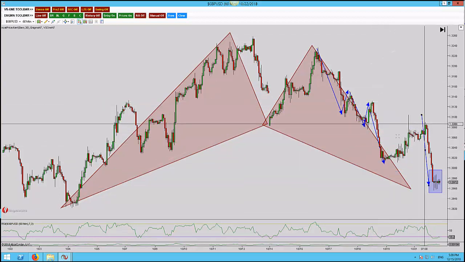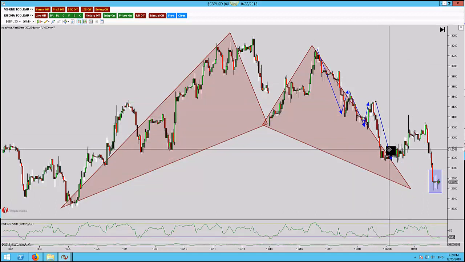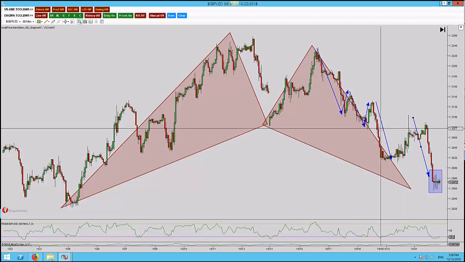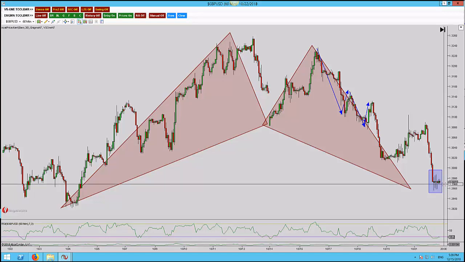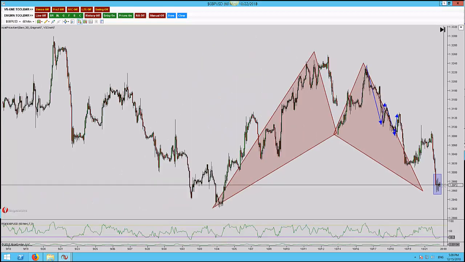Sometimes there can be an awful lot going on in these charts. I think we also have... no. So we could be looking at a reversal here based on the back pattern, or we could be looking at an AB equals CD pattern. So I'm just checking out the 15.